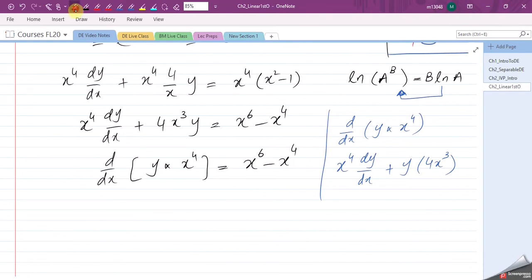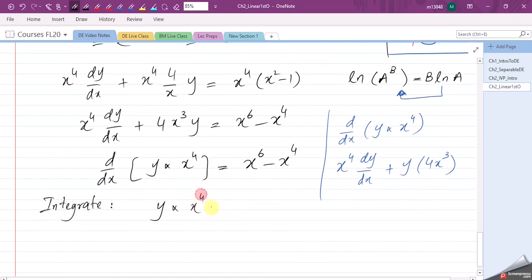Okay, now we integrate. I'll put the integration sign right here. That gives y x^4, because the derivative and integration cancel each other.